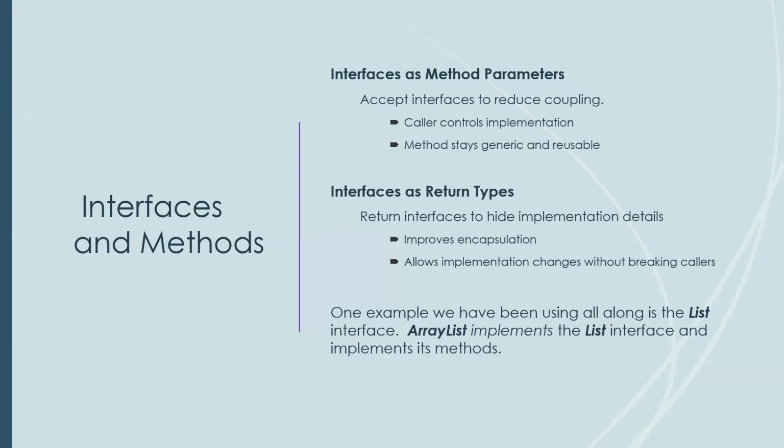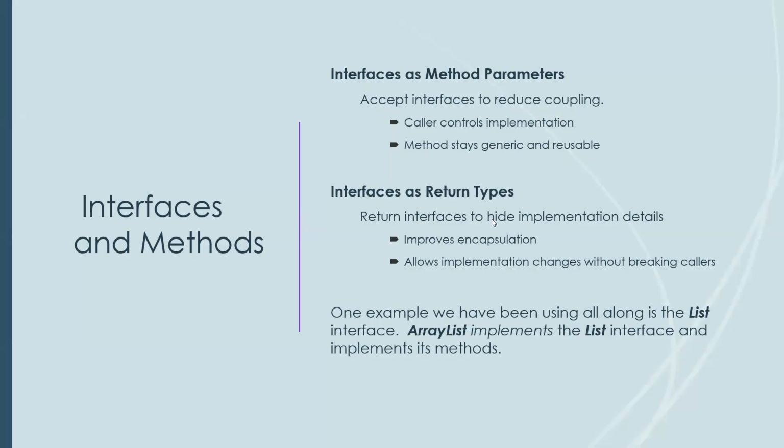Interfaces can basically be used as return types, as I already mentioned. So when you pass this interface, or any class that implements this interface rather, as an argument, you can control the implementation. Whichever class is calling the method can control the implementation, and the method stays generic and reusable.